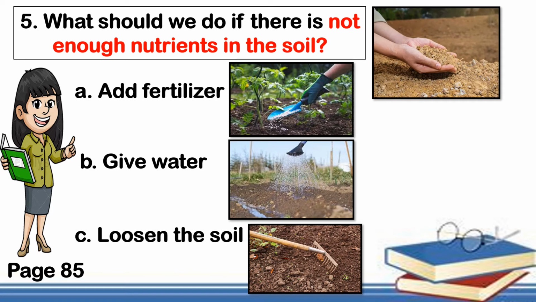Or letter C. Loosen the soil, just like this one. What should we do if there are not enough nutrients? Letter A. Fertilizer. Letter B. Water. Or letter C. Loosen the soil.